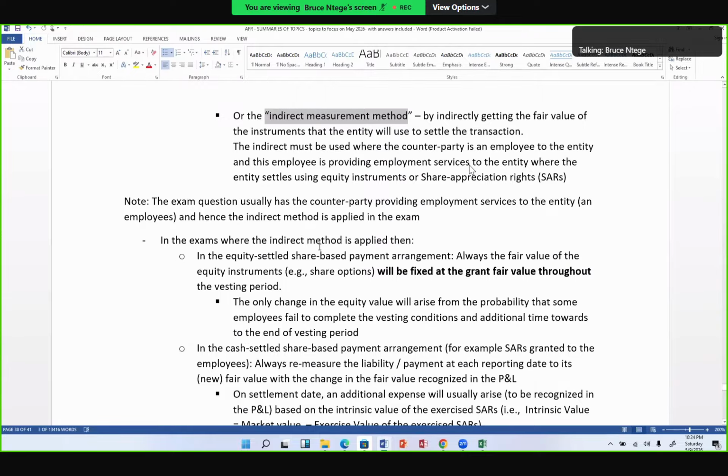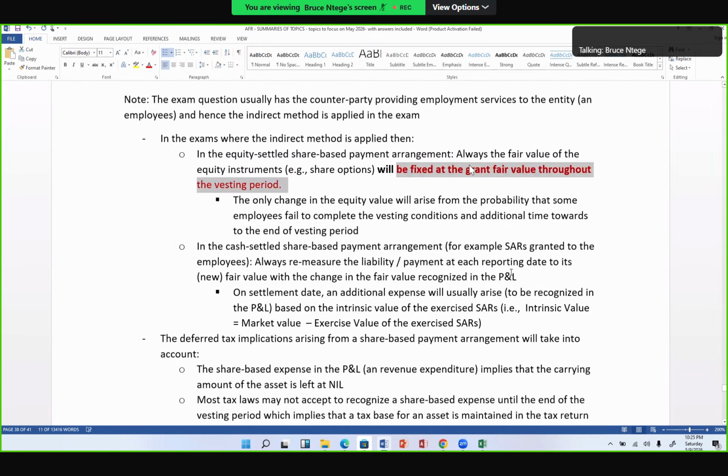If you're using indirect method and the question is equity settled, always have fixed value on grant date across the vesting period. But when it's cash settled, always remeasure the liability at each reporting date. That one now, don't maintain fixed price at the grant date. So that's the difference.